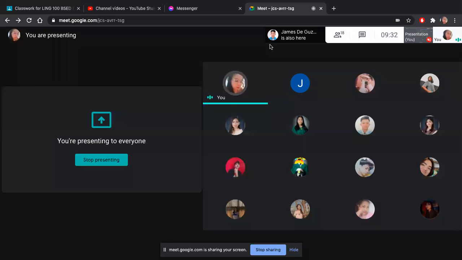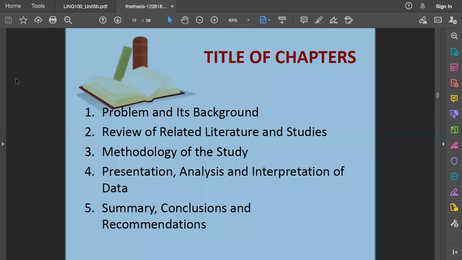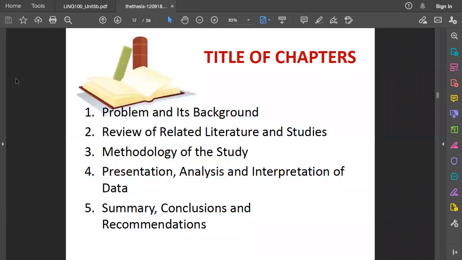So again, when we say why, it's because some universities or colleges would combine the review of related literature and chapter 1.